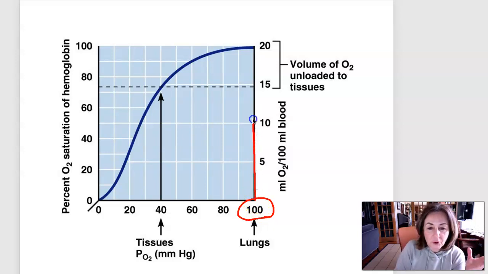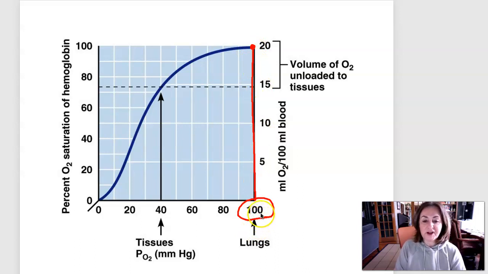How much hemoglobin is saturated? I can see it's almost 100% saturated, a little bit under that, like 97, 98% saturated, that hemoglobin molecules are saturated leaving the lungs. Or in other words, there's 98% oxyhemoglobin and 2% deoxyhemoglobin within the cell. So what about at the tissue?